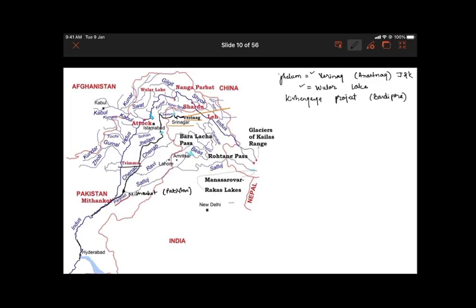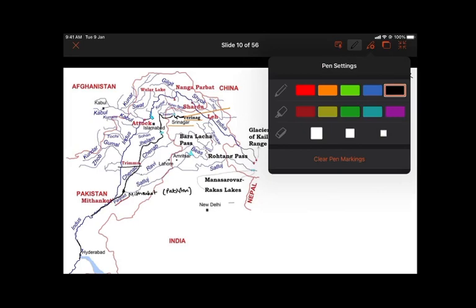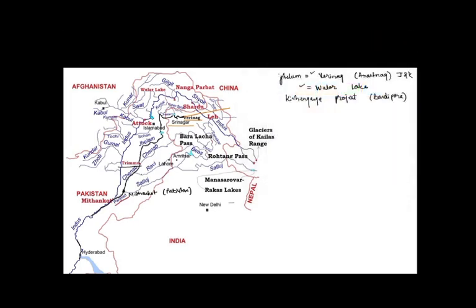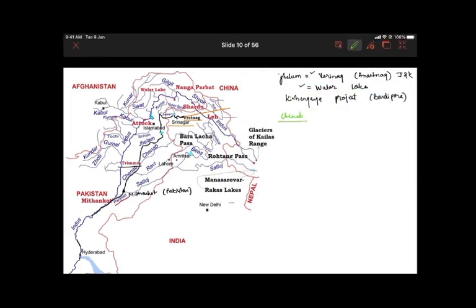Now we come to Chenab River. So river Chenab. Okay, the other names for Chenab are, it is also called Vitesta.